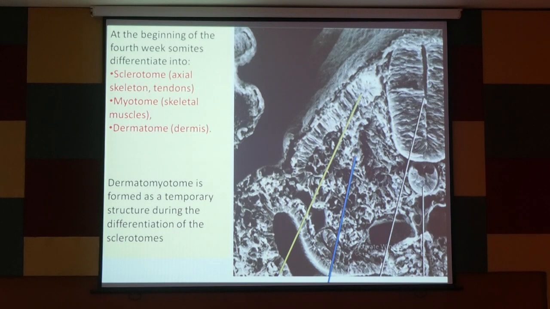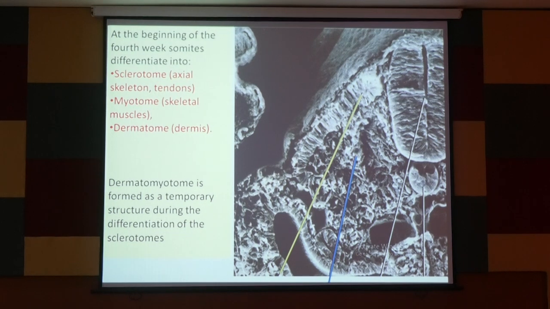What are the components of it? So we have three components there. Now our point of concern is with the paraxial mesoderm, which breaks down into somites.